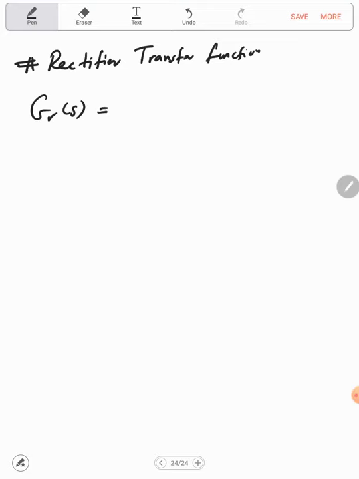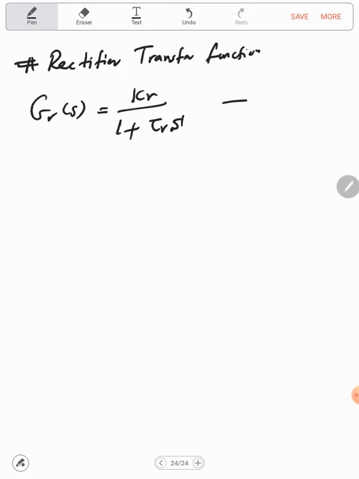So if we start with the rectifier transfer function, G rectifier of S can be given as KR over 1 plus tau R S, which is a first order system, characterized by DC gain and the time constant.